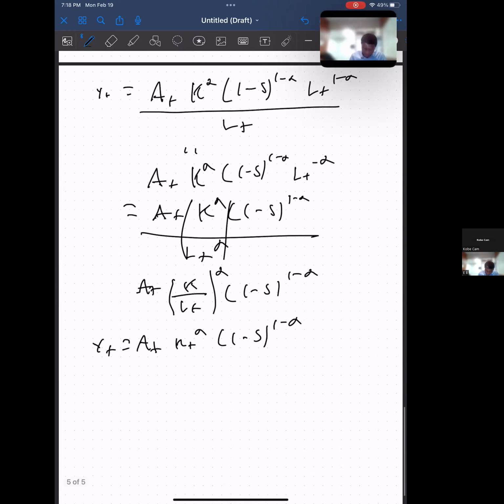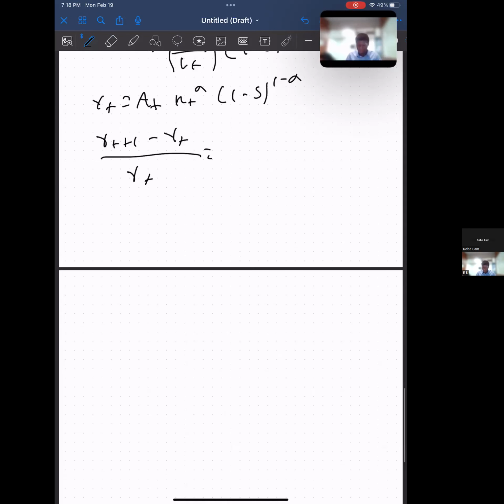So let me just rewrite it down to make sure everything's there. So y_{t+1} minus y_t divided by y_t is equal to A_{t+1}.